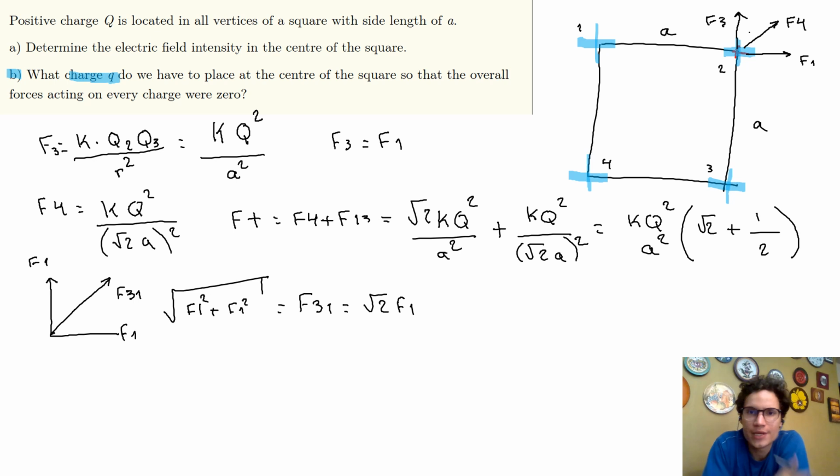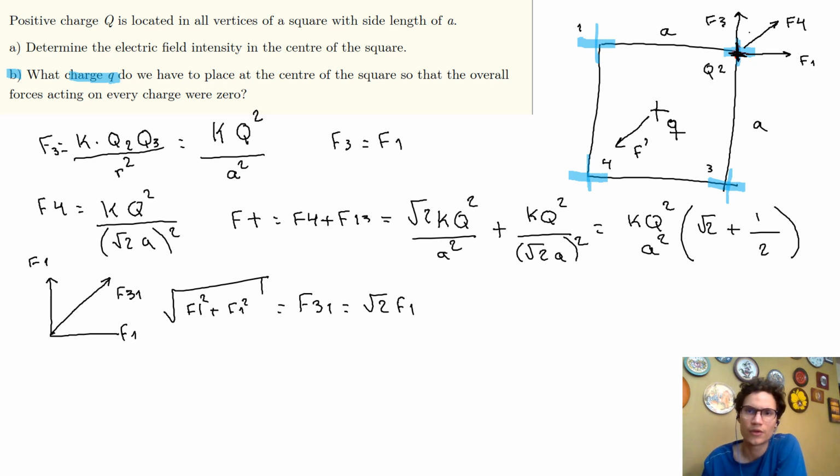What else do we need in this problem? We need to find the charge that is created from the center to any of the vertices. We also use Coulomb's law, but in this case the charge will be Q, and this is what we are looking for. Let's call that force. This force will be in this direction. I mean, we can call that force prime, the force between the center and our example charge, which is charge 2.